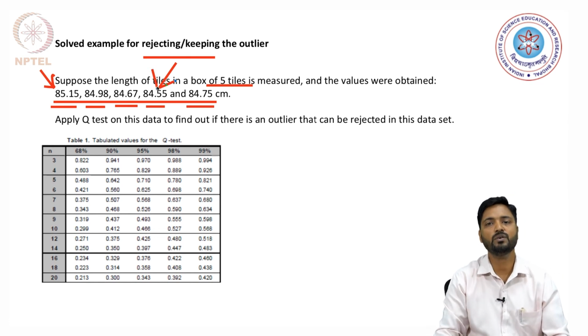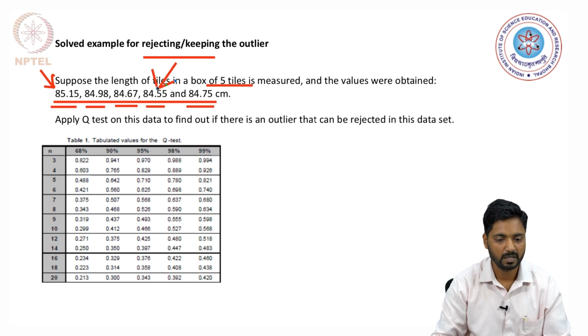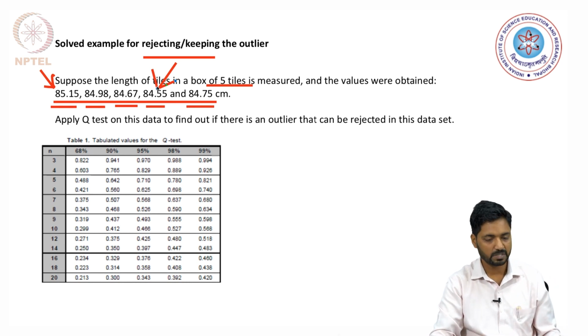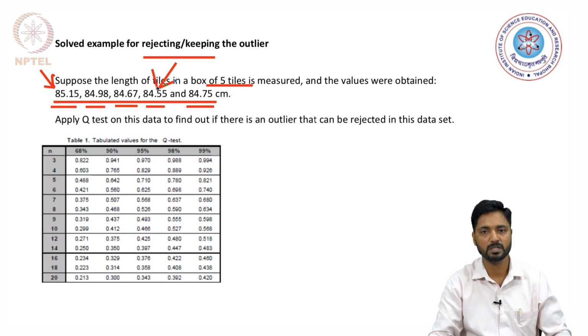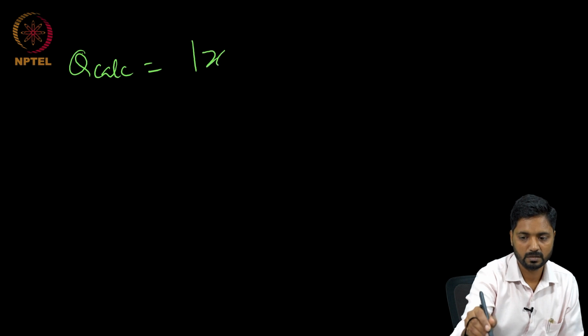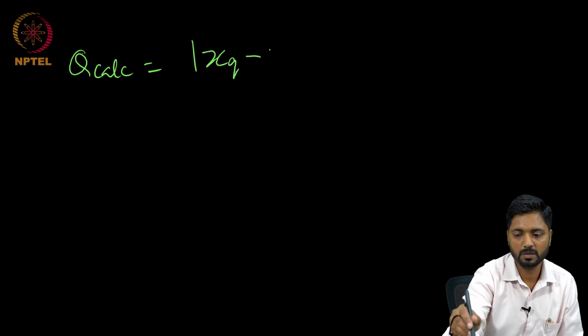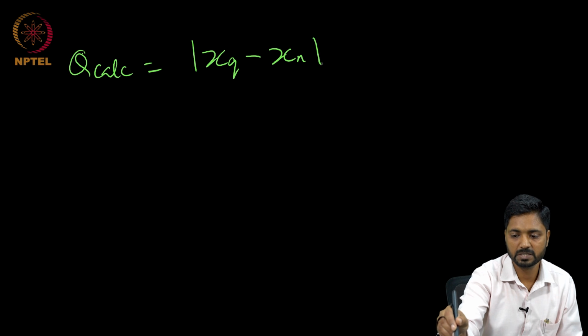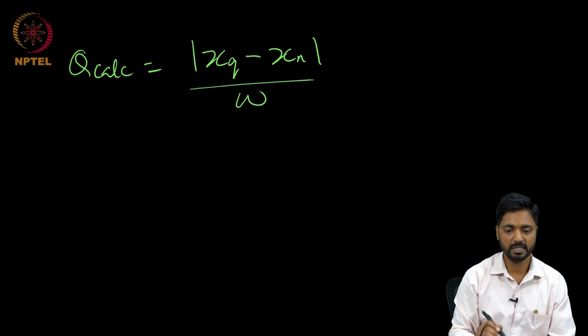So, either of these readings could be an outlier, and let us quickly perform the Q test to test which of the readings, if any, is to be considered as an outlier. What we said is that the Q calculated value is the questionable reading minus its nearest neighbor divided by the spread of the data.